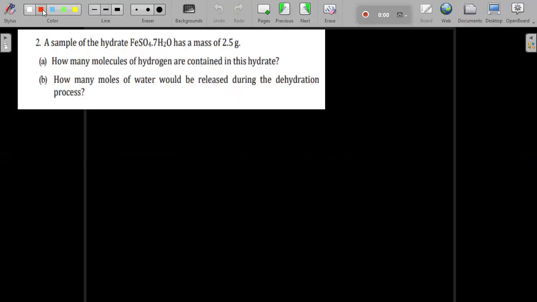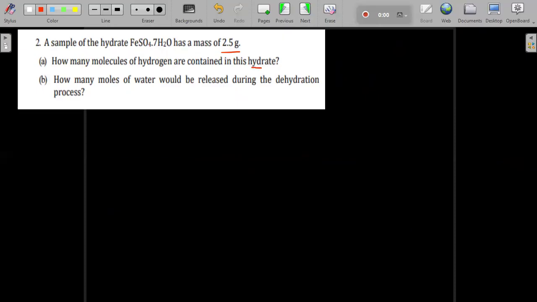So question number 2, they are saying a sample of hydrate iron sulfate has a mass of 2.5 grams. How many molecules of hydrogen are contained in this hydrate?